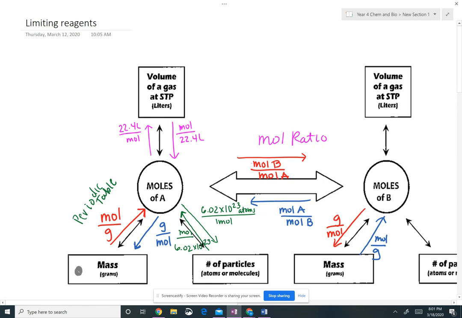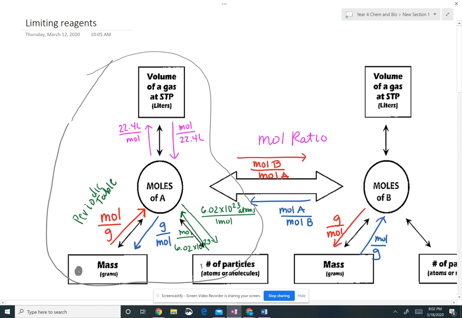For the first part of your study guide, 1 through 5, it focuses on this whole side of the chart. On this side, usually they're asking you to start at one of these things.